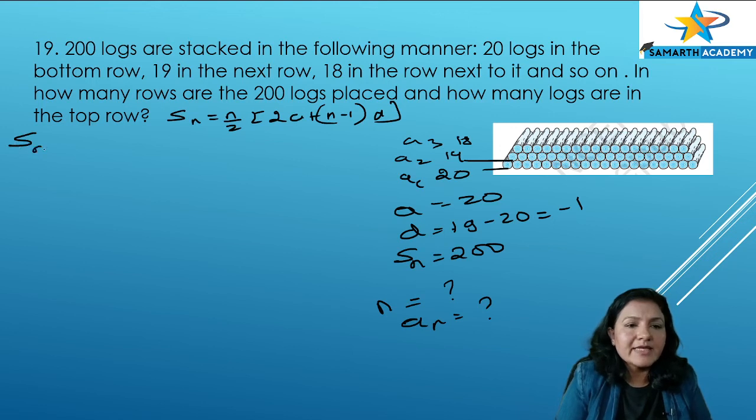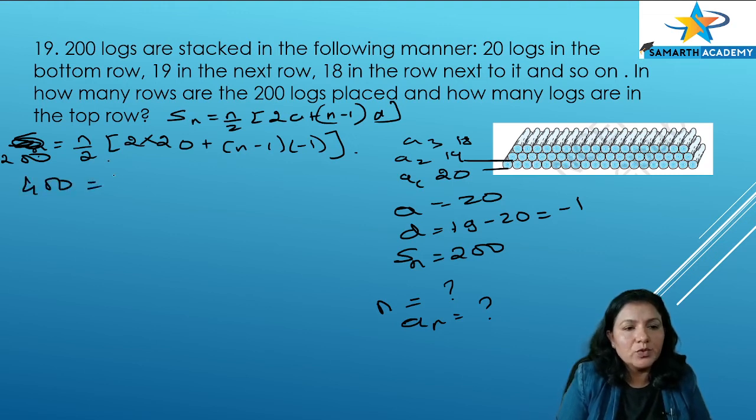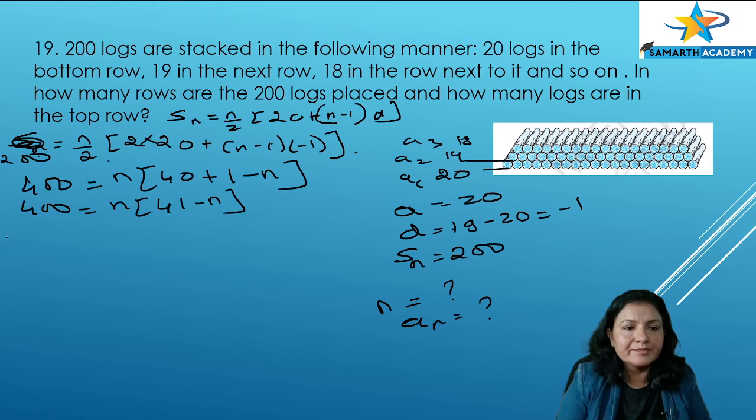Here Sn is equal to n by 2, 2a is what? 2 into 20 plus n minus 1 into minus 1. Sn is 200. 2 into 200 is 400 equal to n outside 40 plus minus 1 into minus 1 is plus 1 minus n. So that is 400 equal to n into 41 minus n.